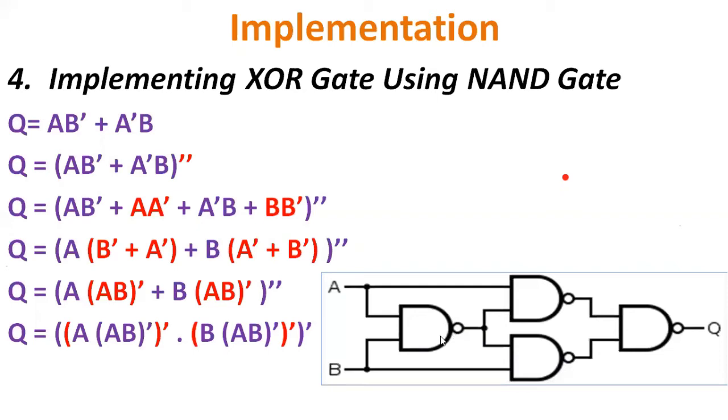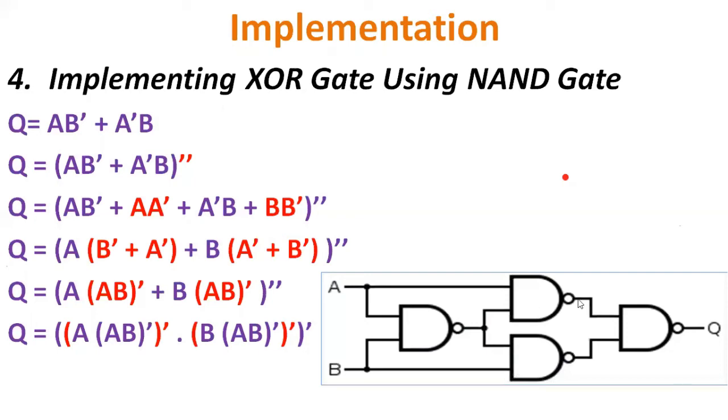So this AB whole bar is again given to the second NAND gate input and third NAND gate input, and along with this, A is multiplied with the second NAND gate and B is multiplied with the third NAND gate. So A is given to the second NAND gate and B is given to the third NAND gate.